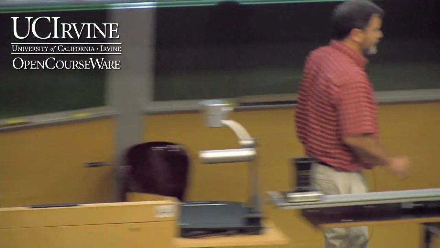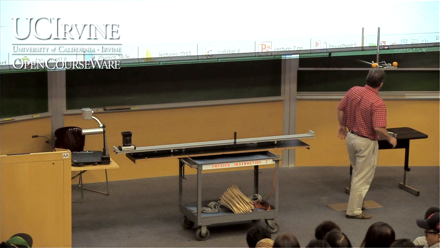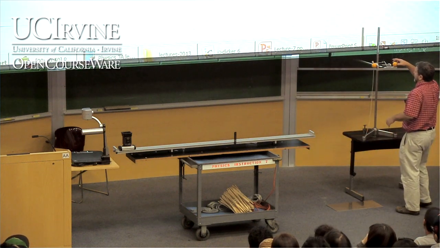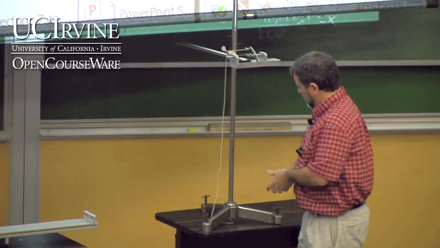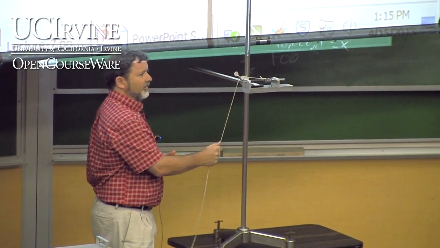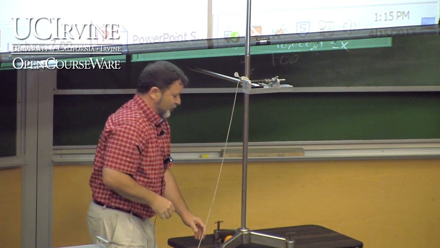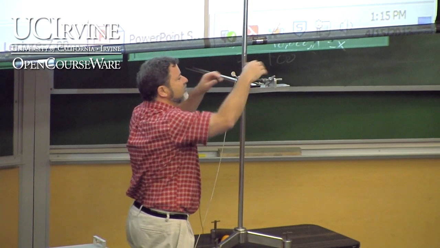Now, we have a demonstration here. And what's going to happen is when I pull this string, this little thing will fire. Okay? And it will shoot out the ball that is sitting here.